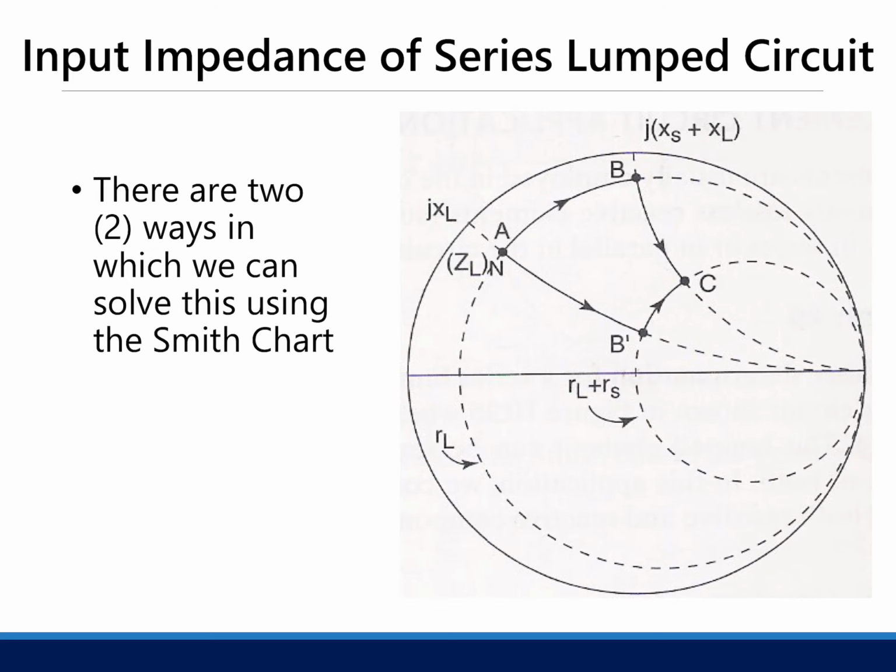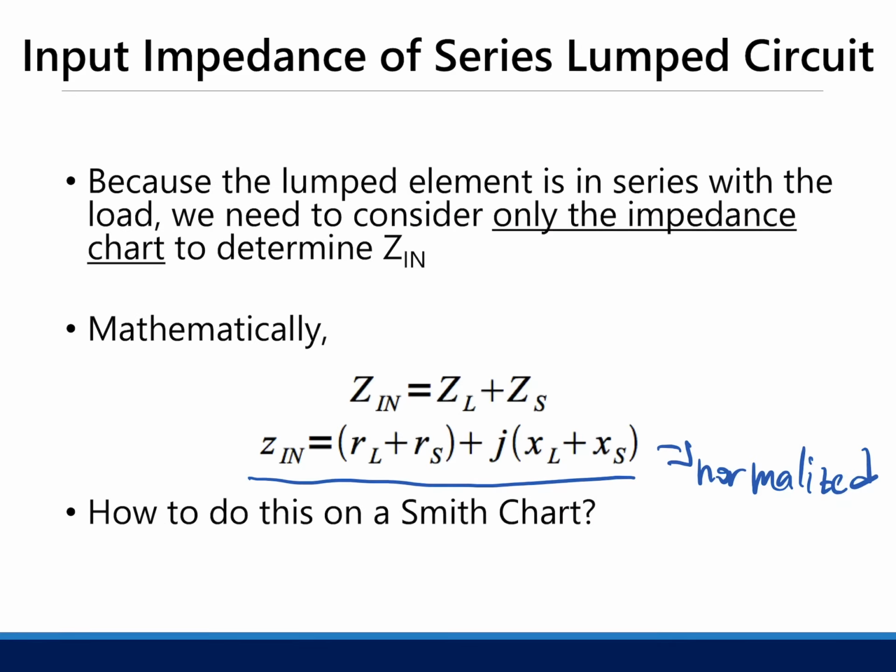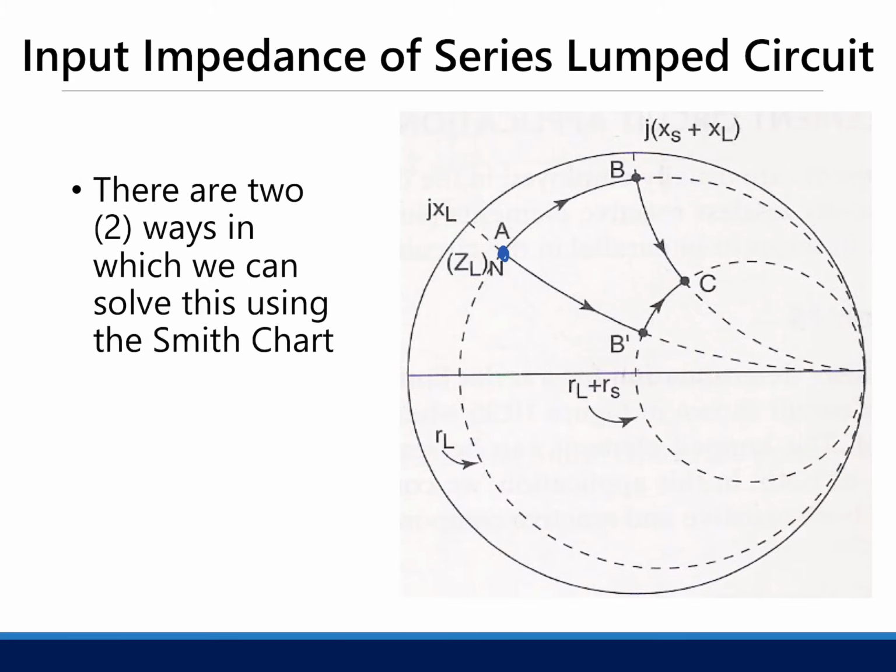Alright, so the path is something like this. You start at the load, ZL, and if you increase your load, you add your resistance by RS. That means you have a constant reactance. Then the path looks like this. Okay, so you move from one constant resistance circle to another.